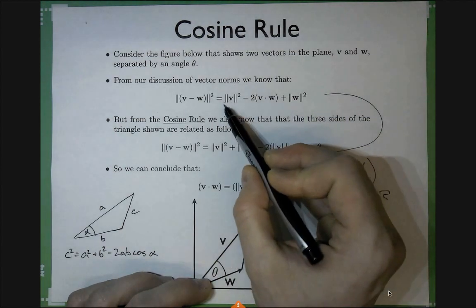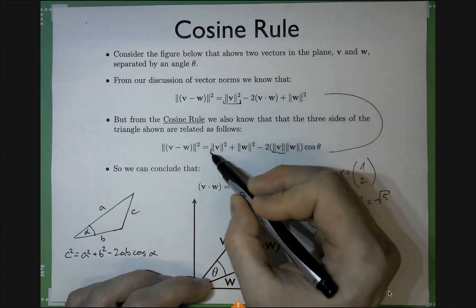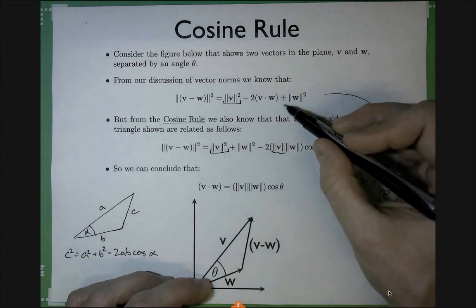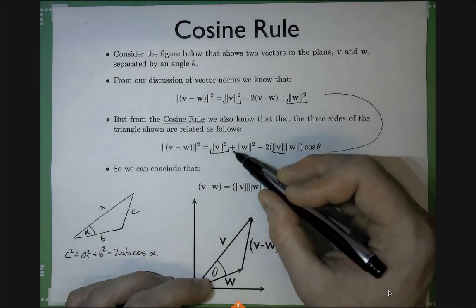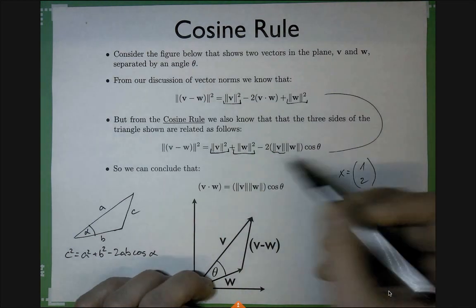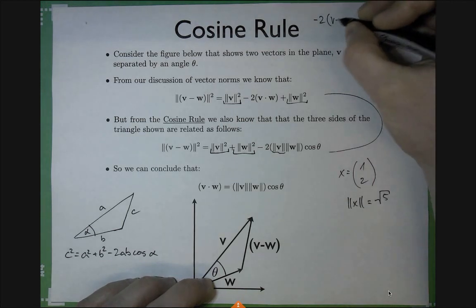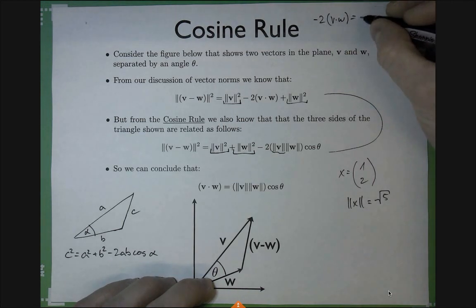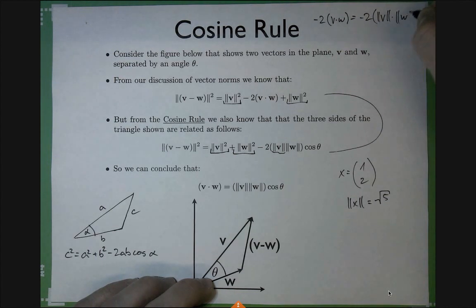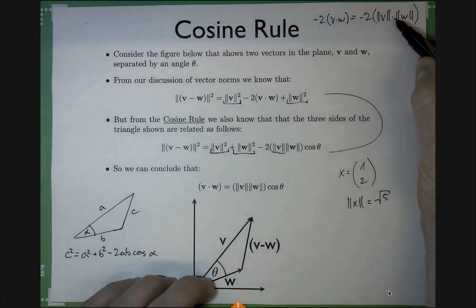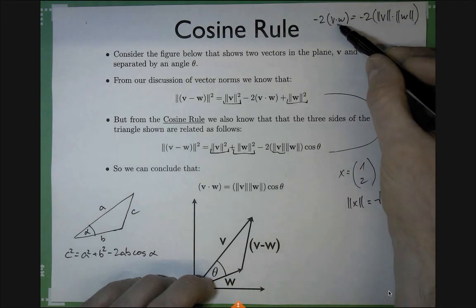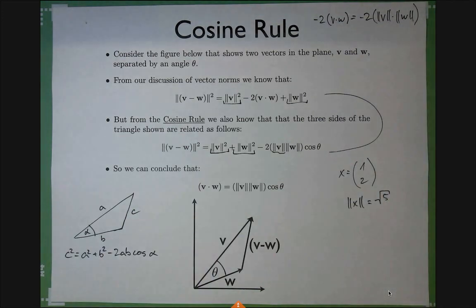Let me go a little bit slow. This square norm of w appears here too. So from this, I see that there is no other possibility than minus 2 v dot w must be exactly the same thing as minus 2 the norm of v times the norm of w times cosine theta. This times is just a scalar, real number times real number. In this case, it means the dot product. Again, it's a little bit of incorrect or inconsistent notation, but that's okay.